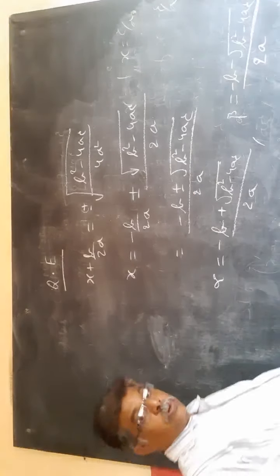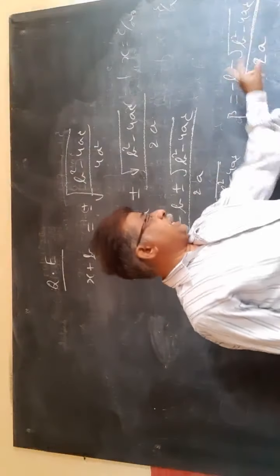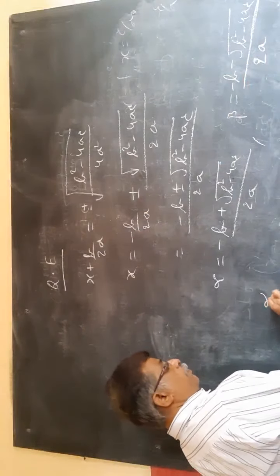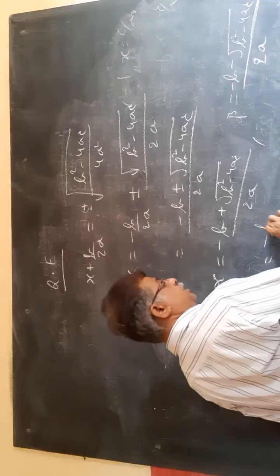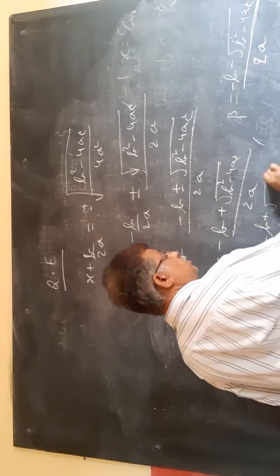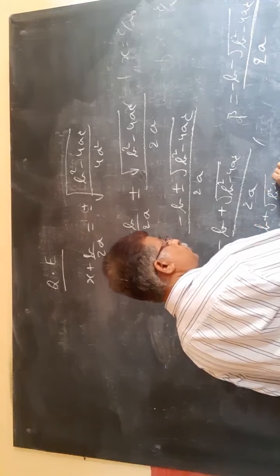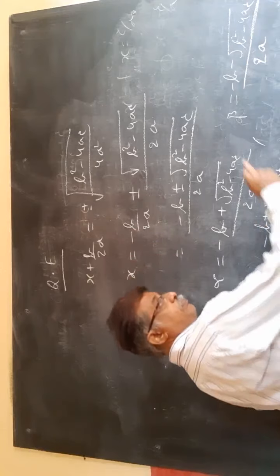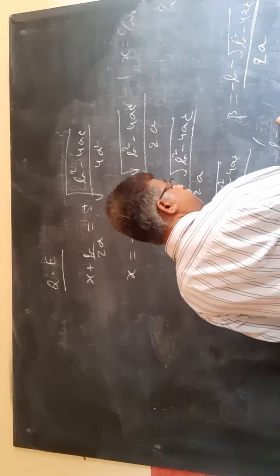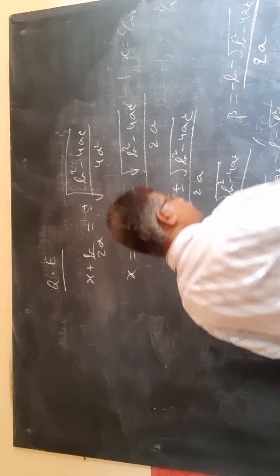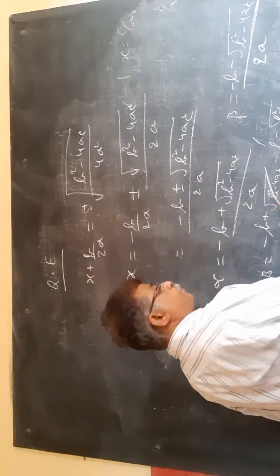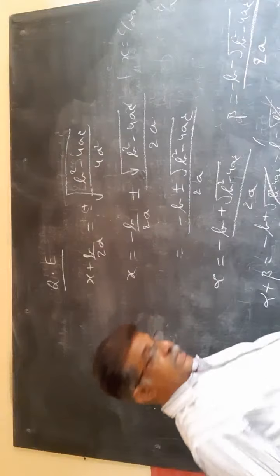Now, if I add these two, what happens? Alpha plus beta equal to minus b plus root of b square minus 4ac by 2a plus minus b minus root of b square minus 4ac by 2a. So, plus minus gets cancelled.